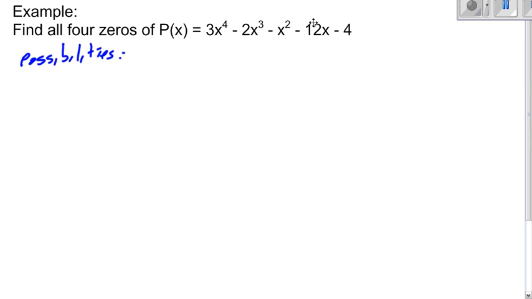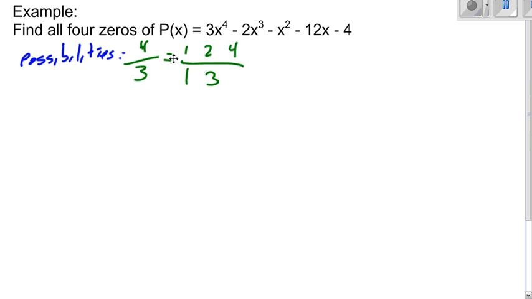So we take factors of the back over factors of the front. So it's 4 over 3 and all of its possibilities. The factors of 4 are 1, 2, and 4. Factors of 3 are just 1 and 3.